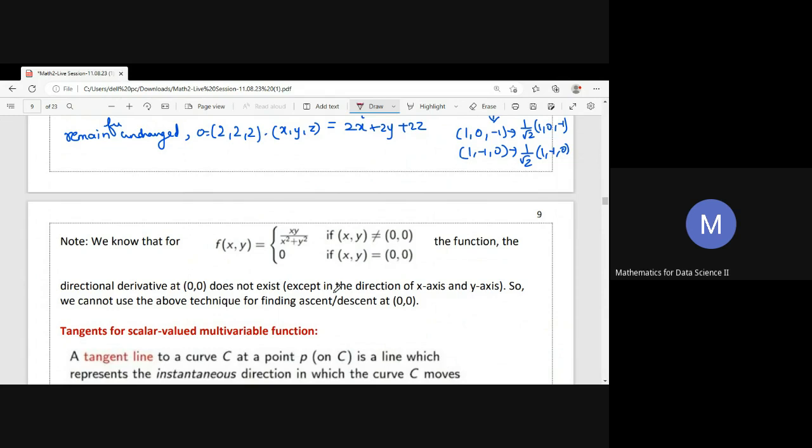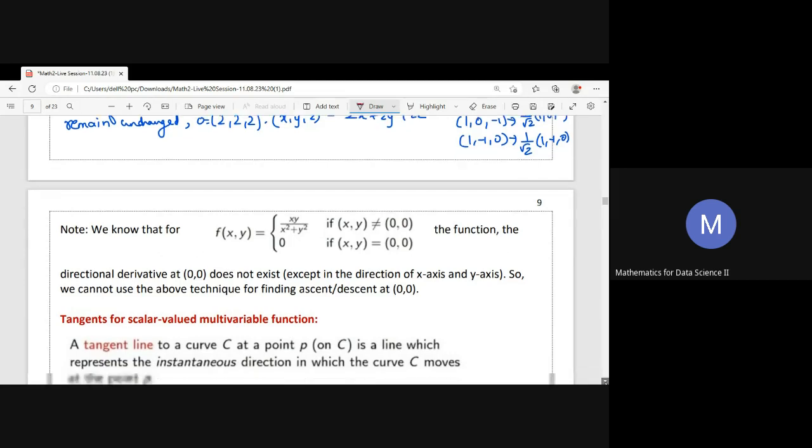It exists only in the direction of the x-axis and y-axis. So in general, it does not exist, and you cannot apply the above technique for this kind of function. For finding ascent or descent at 0, 0 for this function, we cannot use the above method, because the directional derivative does not exist.